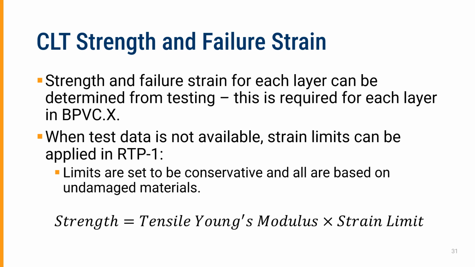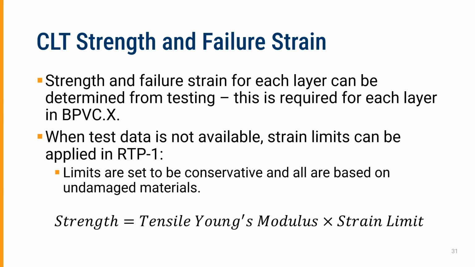Classical lamination theory is used in some ways to give some strength information when we deal with failure strain. So we can actually look at strength and failure strain for each layer. Think about that. We have slightly different materials in each layer or slightly different combinations.